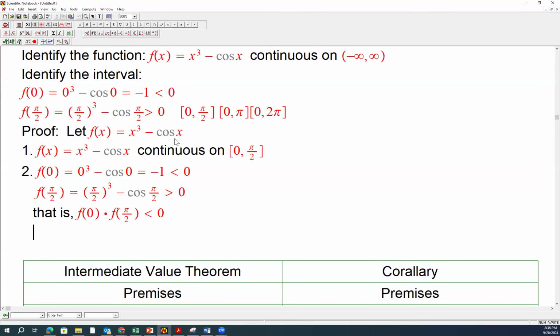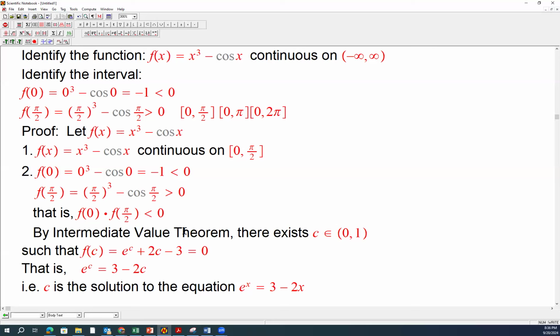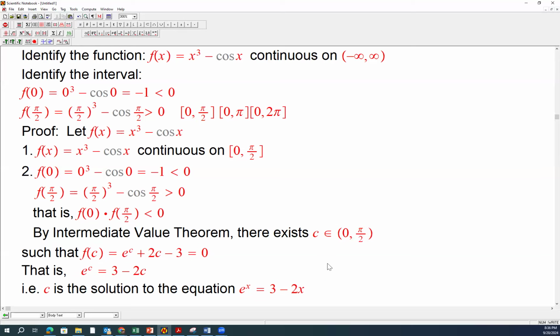Then you say, by the intermediate value theorem, there exists c in that interval, but this interval is from 0 to pi over 2. It's a different interval, right? You pointed out the interval such that f of c equals 0.